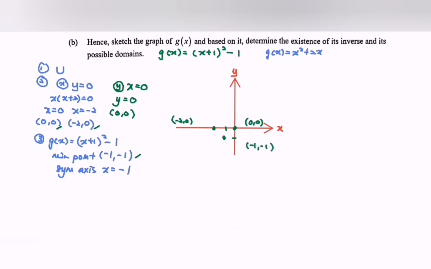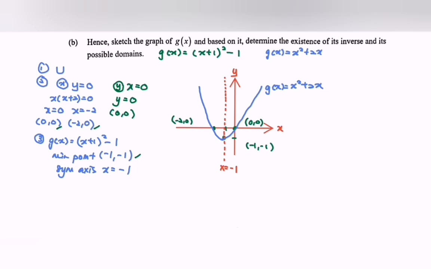Then we have the symmetrical axis, x equals negative 1. So kindly sketch the graph of the quadratic g(x) equals x squared plus 2x. So that is the graph for the function g(x).